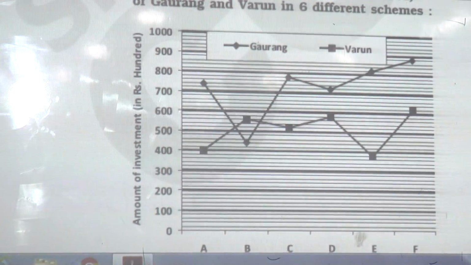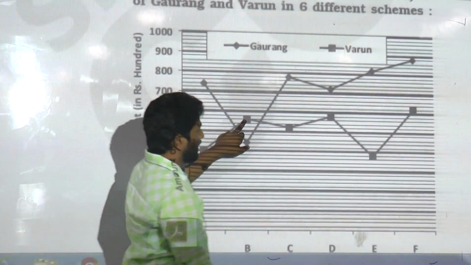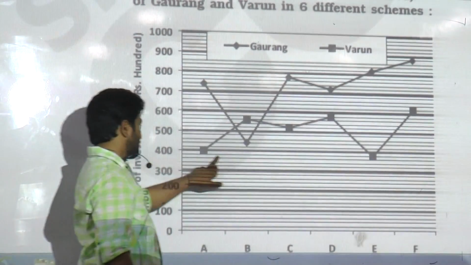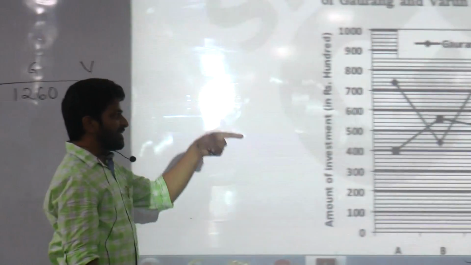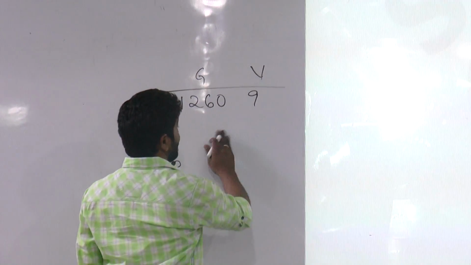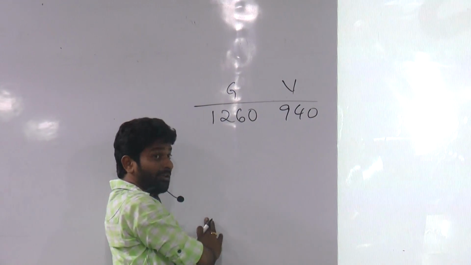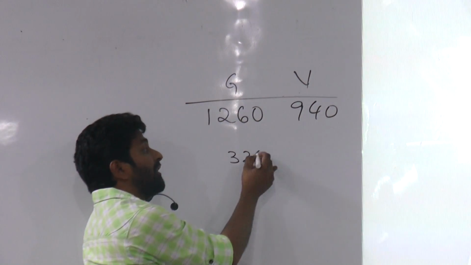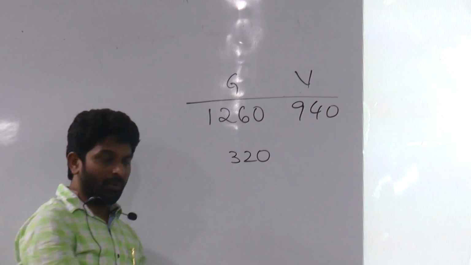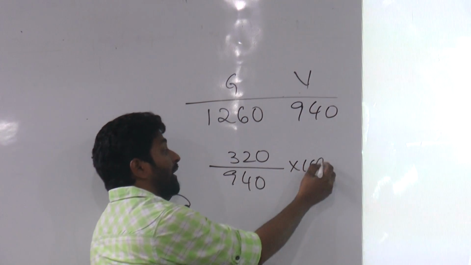And then Varun. Here this is 560 and this is 380. 560, 380, 940. 1260 is how much more than 940? 320 more. That of 940 into 100.